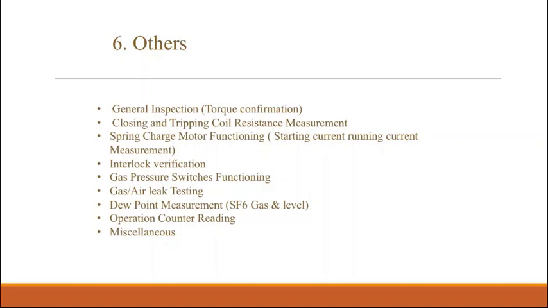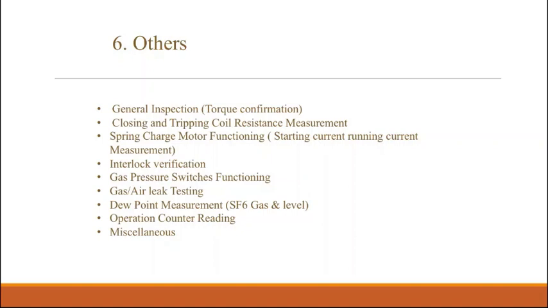Regarding the gas pressure switch functionality, let us take an example. SF6 gas has to be maintained at a particular pressure in the entire compartment. For example, 6 bar has to be maintained in the entire compartment. If the level exceeds 6, like 7 or 8, then it has to give some alarm or status that the gas is over the limit.